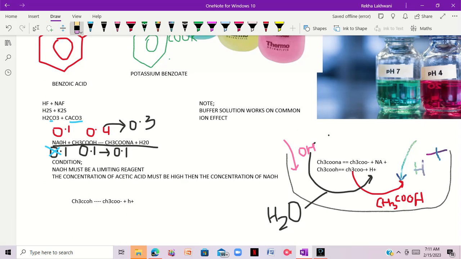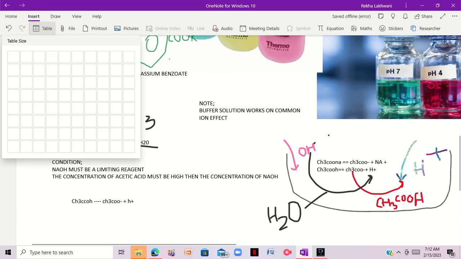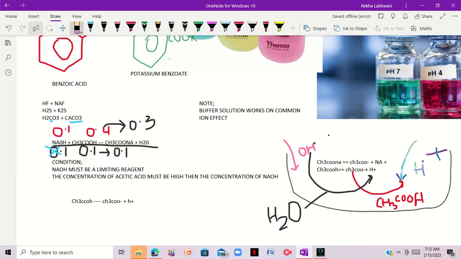So this is what an acidic buffer is, as it is not changing its pH, it is maintaining a constant pH. So the pH is maintained fairly constant.